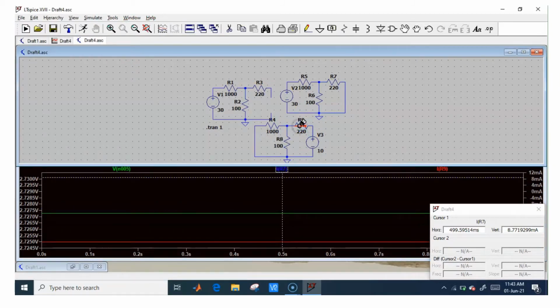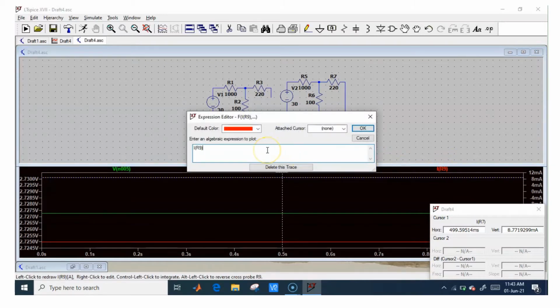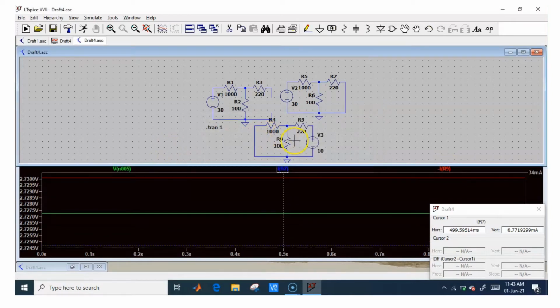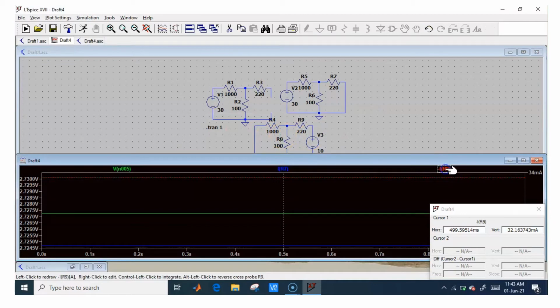Here it is showing in the opposite direction. Okay, the value of the current flowing through the circuit is 32.16 milliamp.